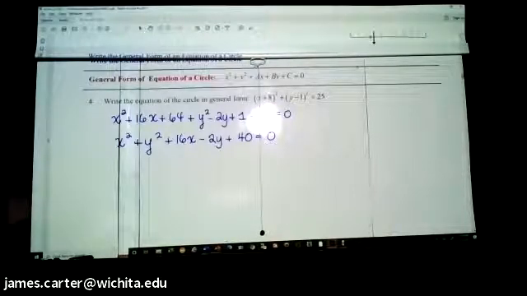They combined all the whole numbers, the 64, the 1, and the negative 25, to get 40. So here you have x squared plus y squared plus x's minus y's plus numbers. That's the order: x squares, y squares, plain x's, plain y's, and then numbers equals 0. So there's your general form.